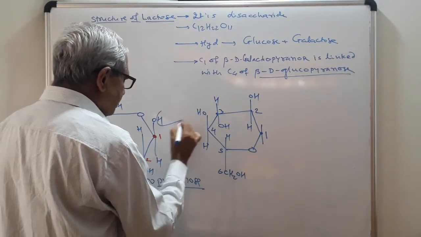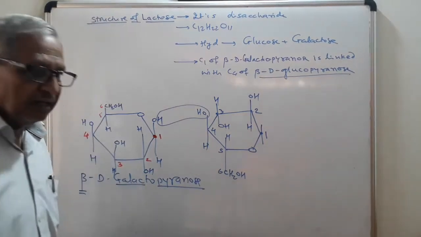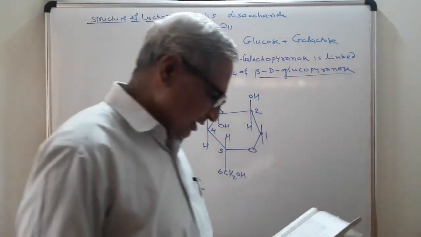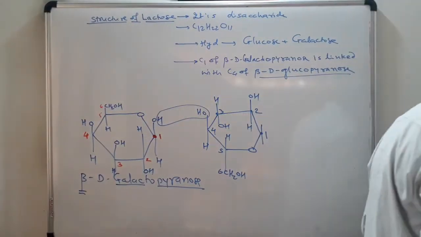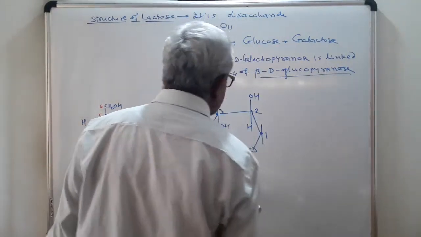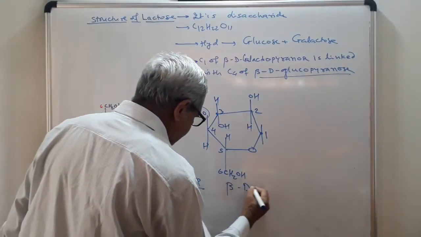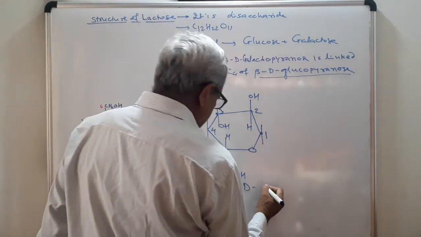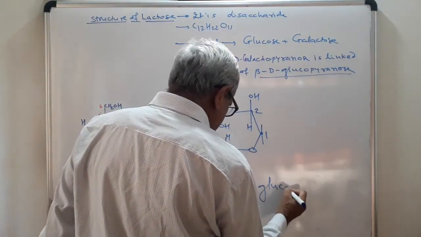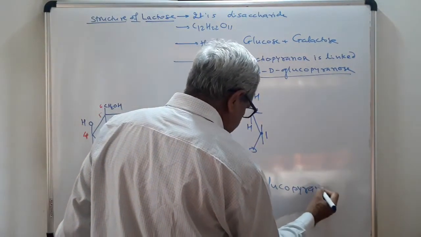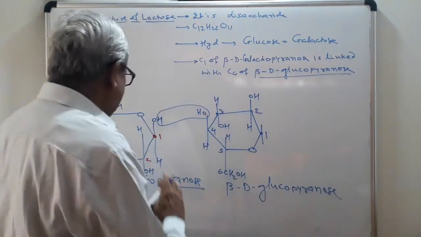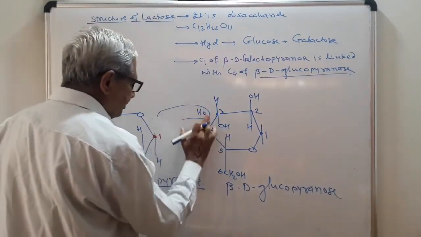You can easily remove the water molecule here and you will get the C-O-C glycosidic linkage, and that will become the structure of beta D glucopyranose. Anyone has difficulty? So you can indicate this one in this way.